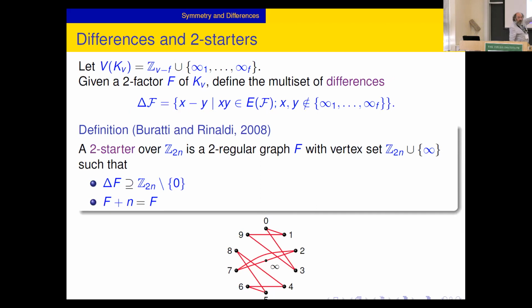And if I rotate it halfway, I get the starter I started with. Okay, so that's the F plus N is F part. And of course, this is essentially Walecki. This is exactly how Walecki works. You take this sort of Hamilton decomposition, rotate it halfway, and you get back the decomposition you started with. So, okay.